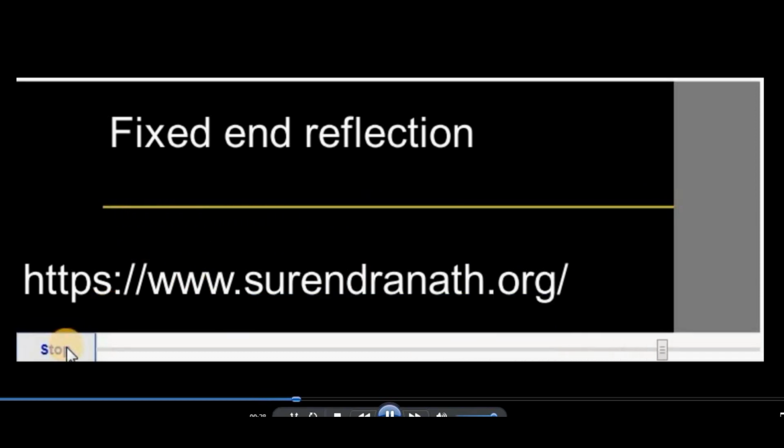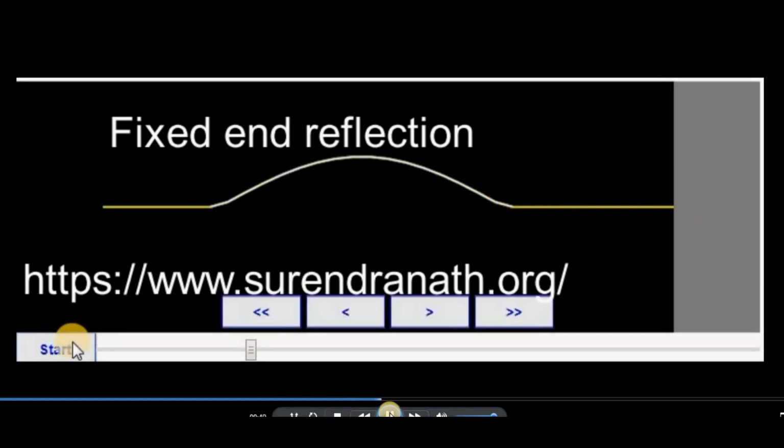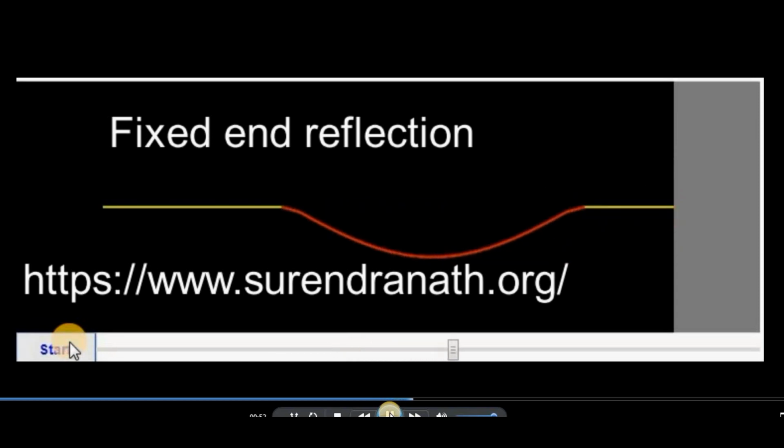Again you can see the wave: the white one represents the incident wave moving towards the fixed end. After getting reflected from the fixed end, you can see it undergoes a phase change of 180 degrees. It is changing its direction.